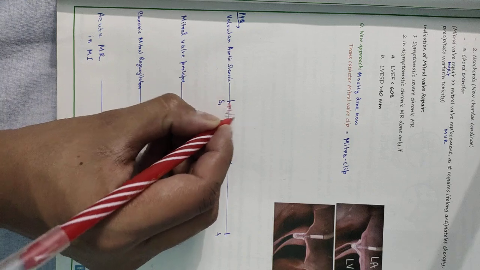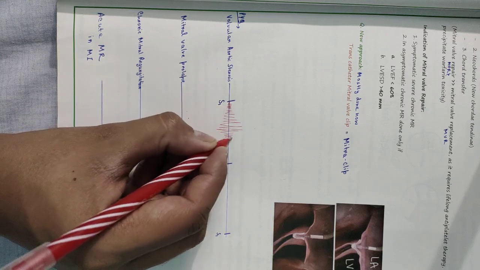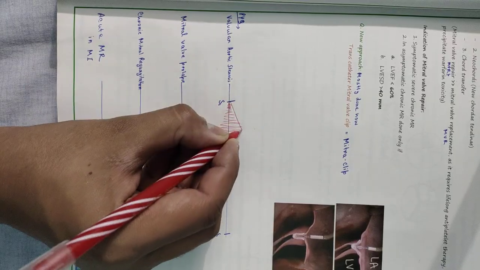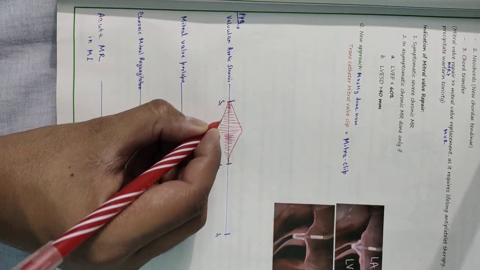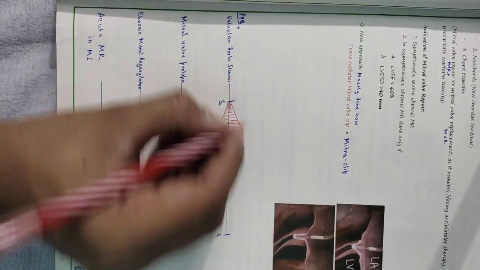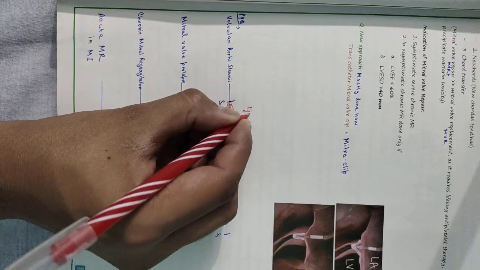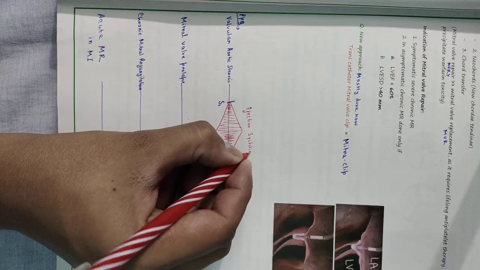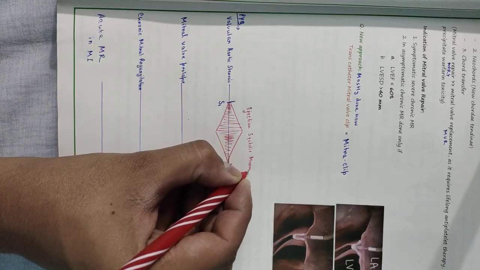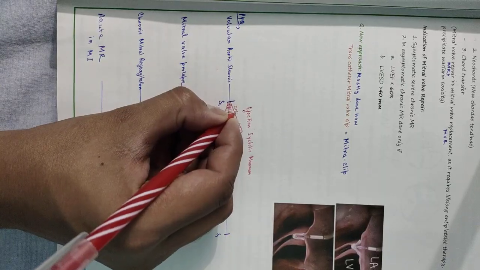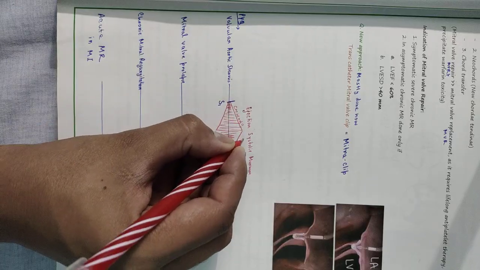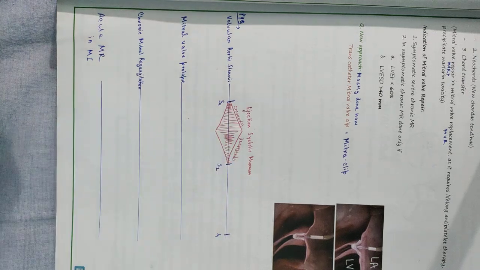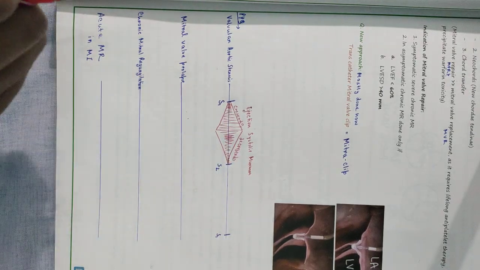That means it goes up, then comes down gradually. So in aortic stenosis, ejection systolic murmur, that is crescendo-decrescendo.